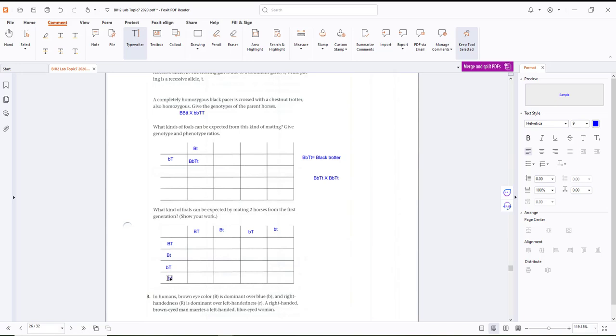Okay, and then we'll combine all of the gametes together. Big B, big B, big T, big T, big B, big B, big T, little t.